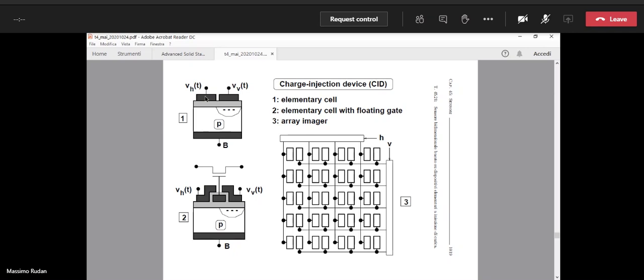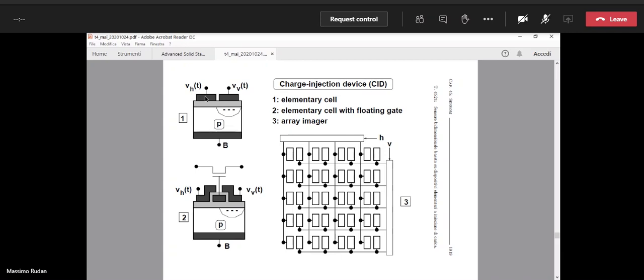Okay, so this architecture is very efficient because it allows one to address individually each pixel, and the charge of the pixel that is being read will be injected into the substrate and read at the same reading device.